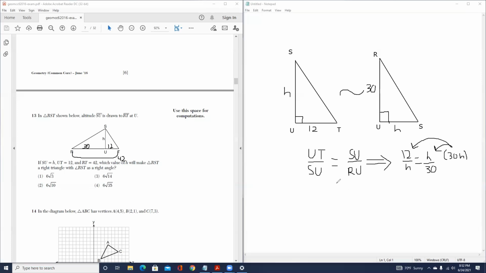You will get that h squared equals 360. And that makes h equal to the square root of 360.